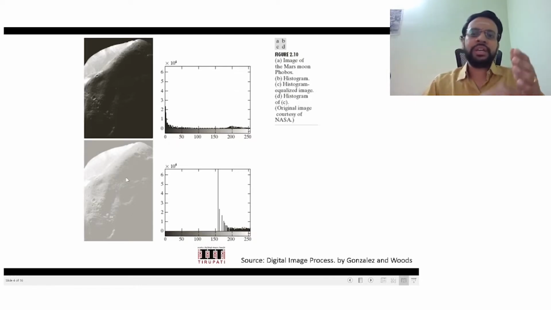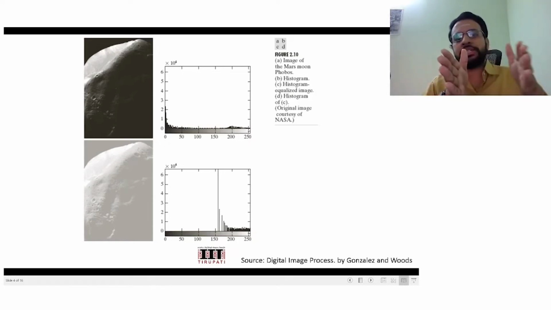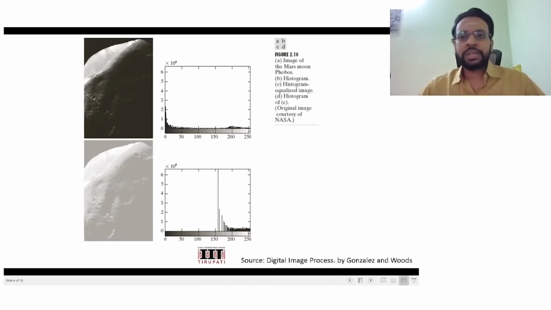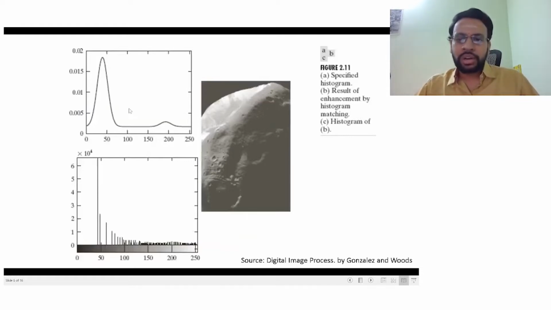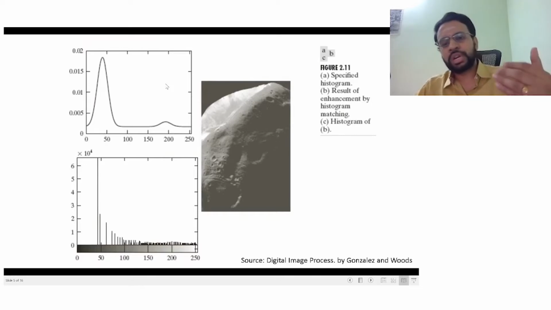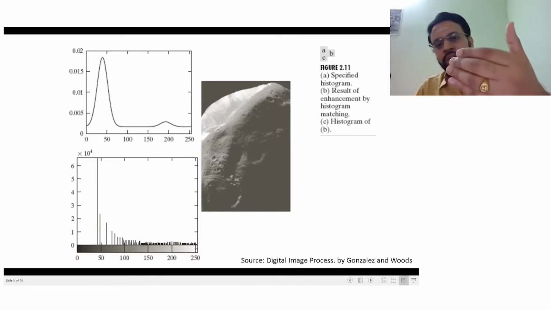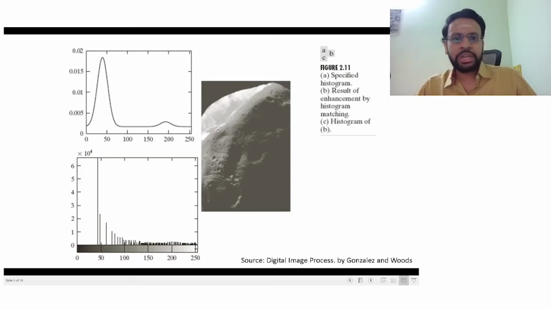On the contrary, as many images at different time instances of the same moon would be captured by the satellite, from that, under good lighting conditions, you might already have a good knowledge about how the histogram should look. So this is for example how the histogram should look. Now you use this as the specified histogram and apply this histogram specification, and then you would end up with this image. As you could see, the contrast or the quality of the image is much better now.